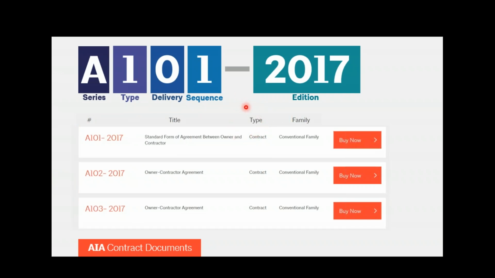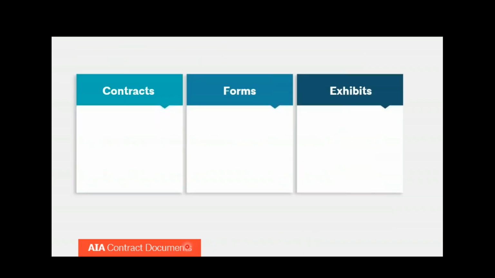Now I'm going to spend just a brief amount of time talking about the type column over here before Ben takes the bread and butter of the presentation, which is mainly going through these different document families. So there are three different types of contracts that are available for purchase. This is why we are called AIA Contract Documents and not AIA Contracts.